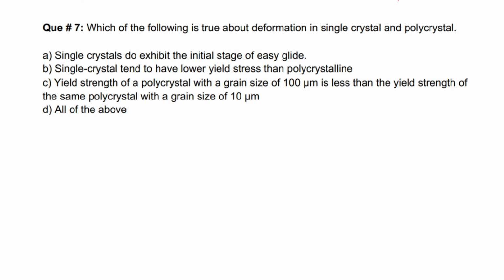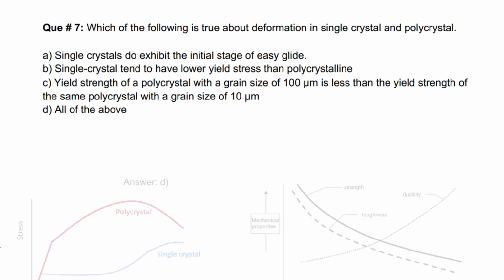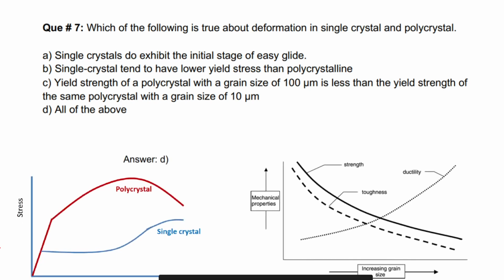Which of the following is true about deformation in single crystals and polycrystals? Okay, I can show the stress strain curve here. The answer is B actually, but just go through the stress strain curve. One single crystal and one polycrystal. So, what do you call this region, the red color one?